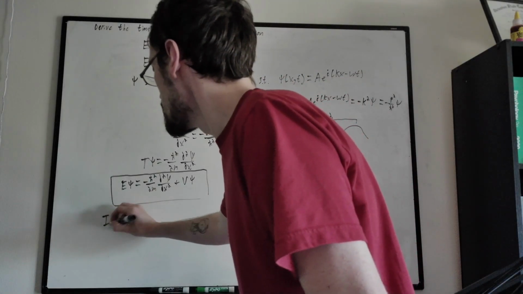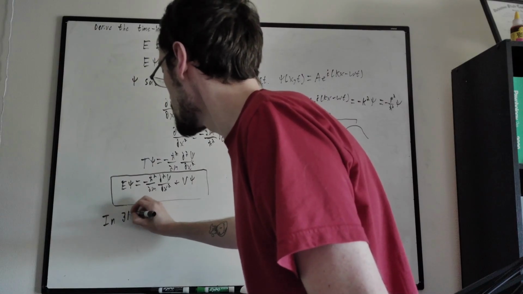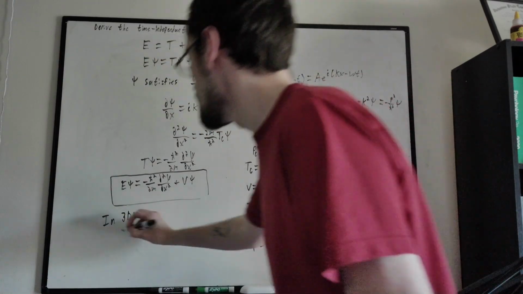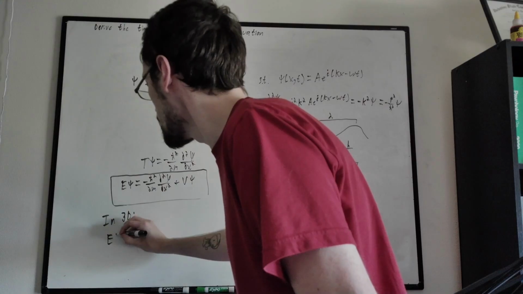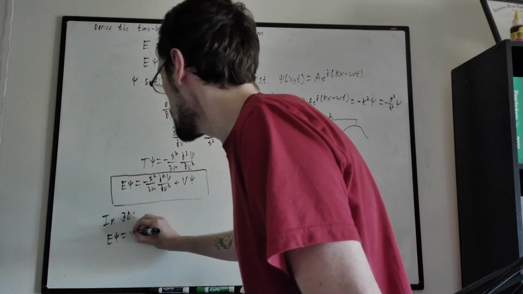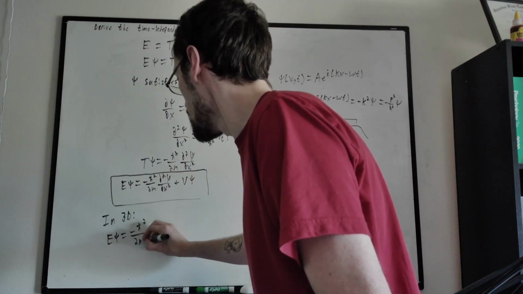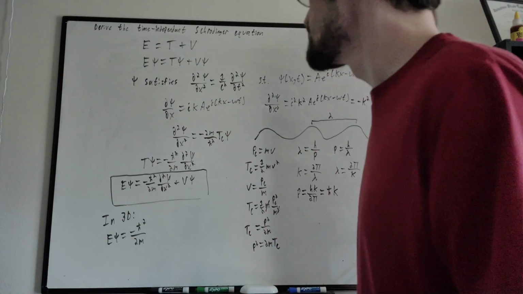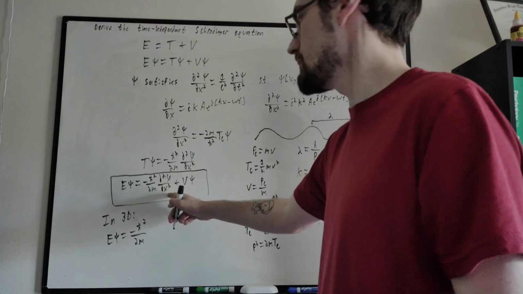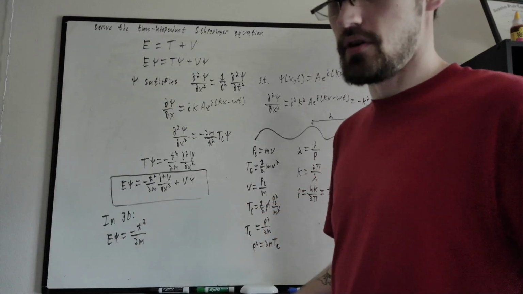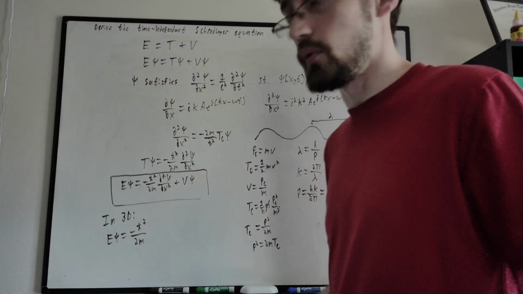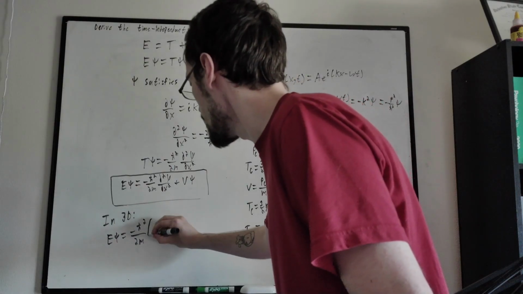So in 3 dimensions, which we'll write out as 3D, we have the energy of psi is given by minus h bar squared over 2m. And now we just have the sum of second partial derivatives in terms of the 3 spatial coordinates x, y, and z. So let's open up a bracket here.